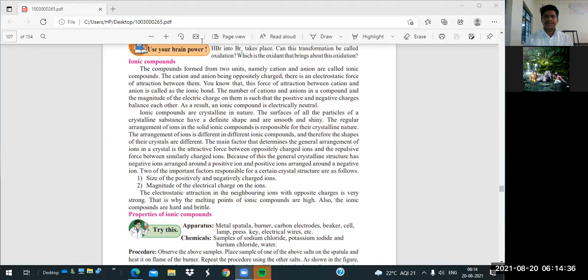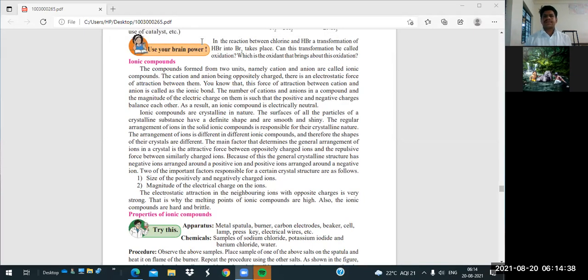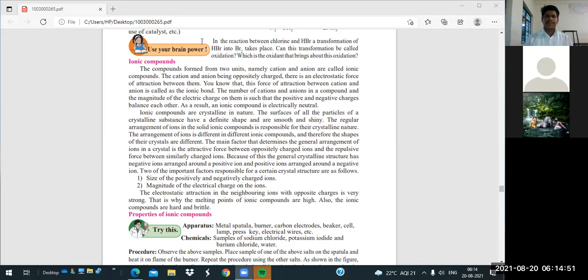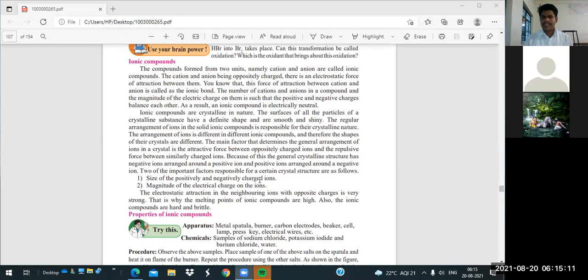Alicia, can you tell? Size. Yeah, okay, you can say size of something. Once again, please repeat it. Size of a substance. Okay, when we speak about magnitude, we can also consider the number of charges present on the ions. It depends on that.